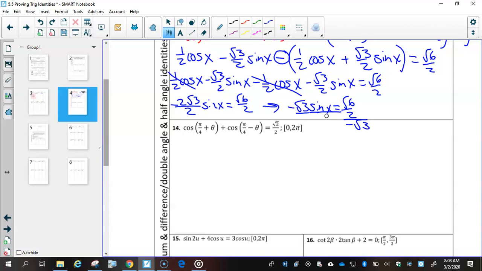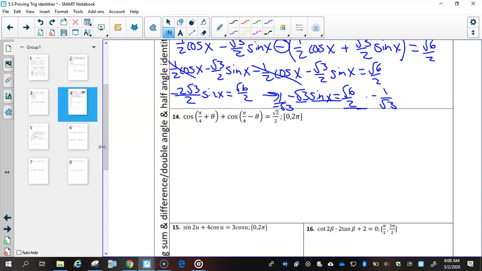Instead of dividing them, I'm going to multiply just to make our lives a little bit easier. Multiply and divide, same thing. And then we need to rationalize.